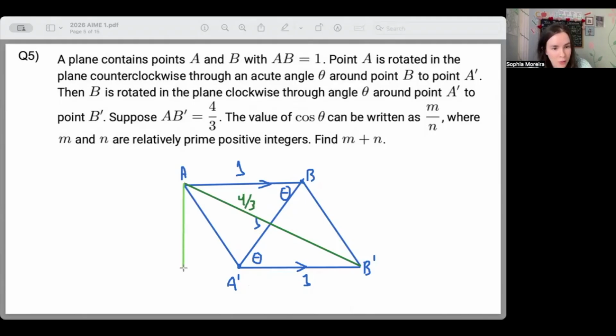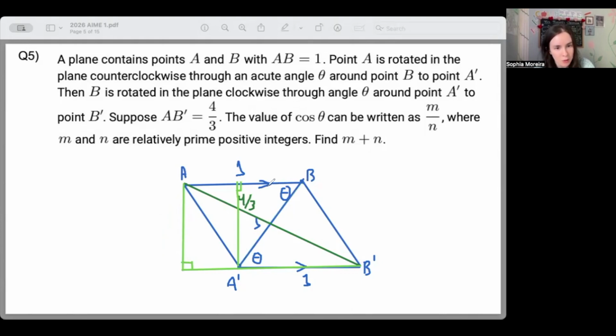Another approach, though, that doesn't need the law of cosines, is to draw a right triangle using 4/3, because the Pythagorean theorem is something I know how to do. To get this height, it's not super obvious from that triangle, so let's make another triangle. Now that I've taken the side and scooched it in, I'm looking opposite from the theta.